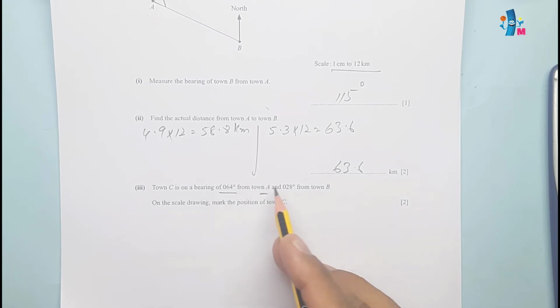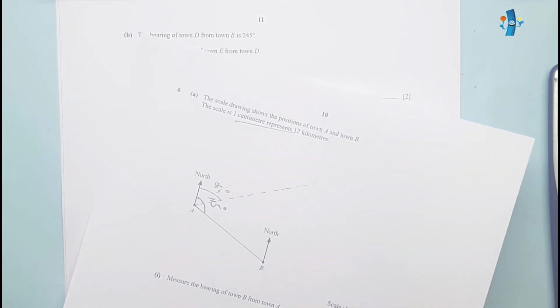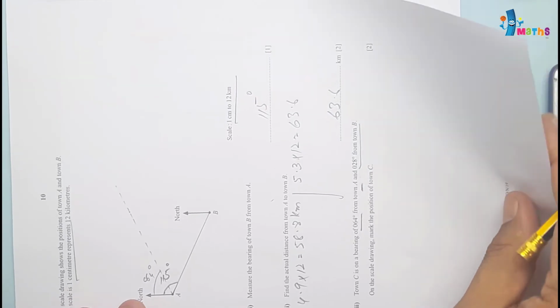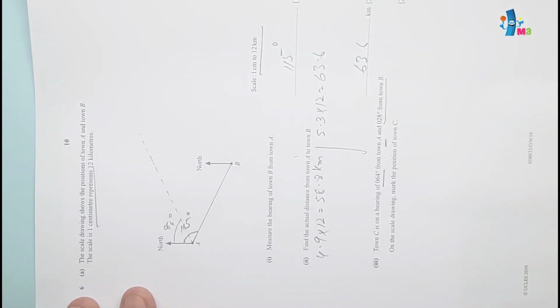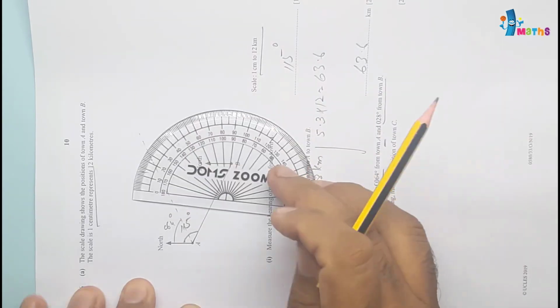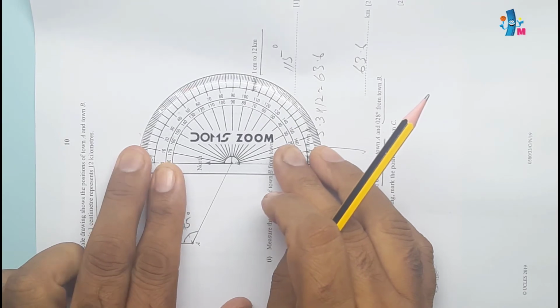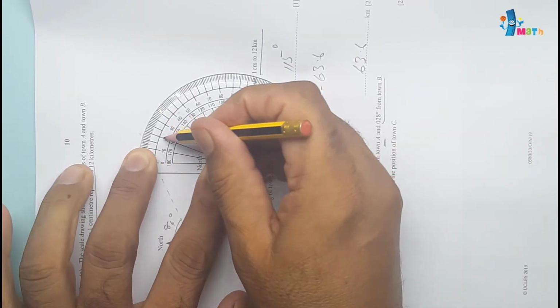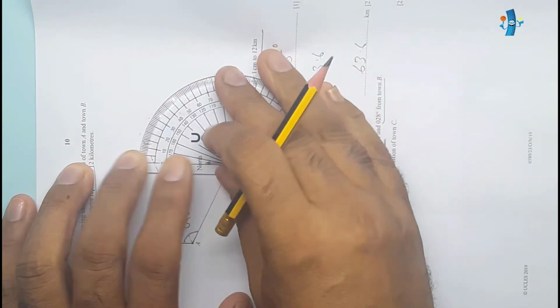Now the other thing they have mentioned is 028 from town B. So from town B, 028, we will measure from here. So this is 20, this is 30, 28 is this one.